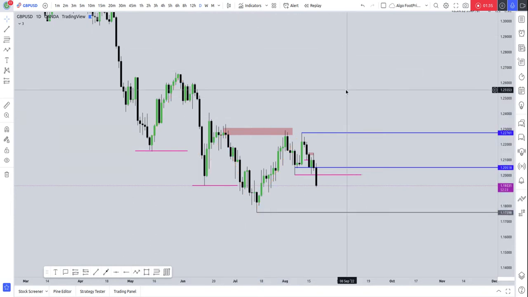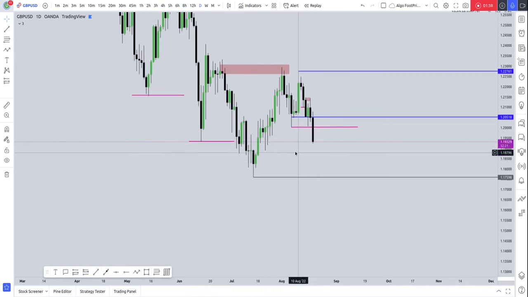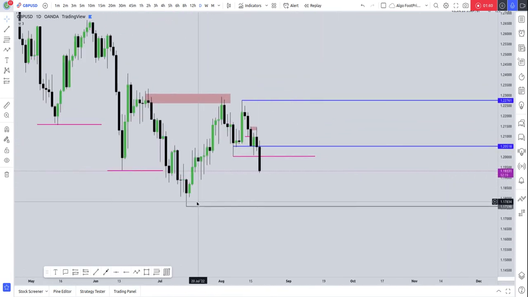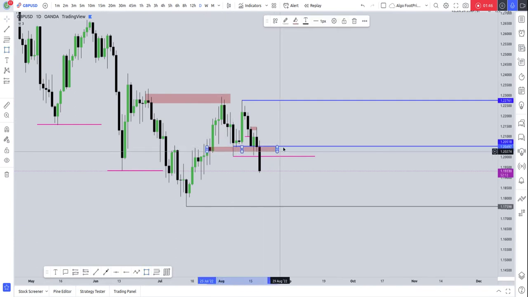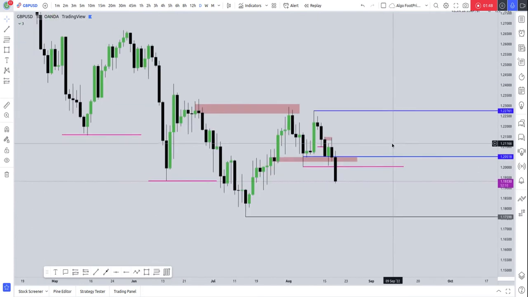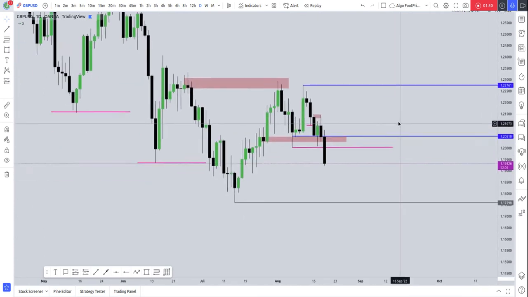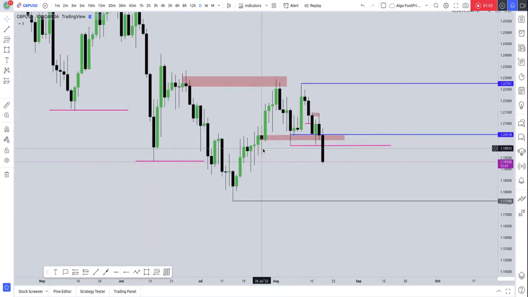However, something happened right here. If I highlight this order block, this is in the daily, you see this bullish candle that broke these highs right here.